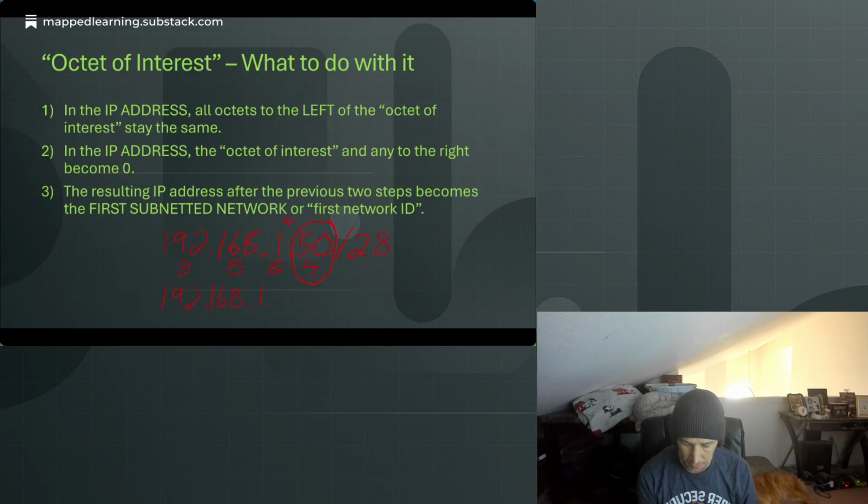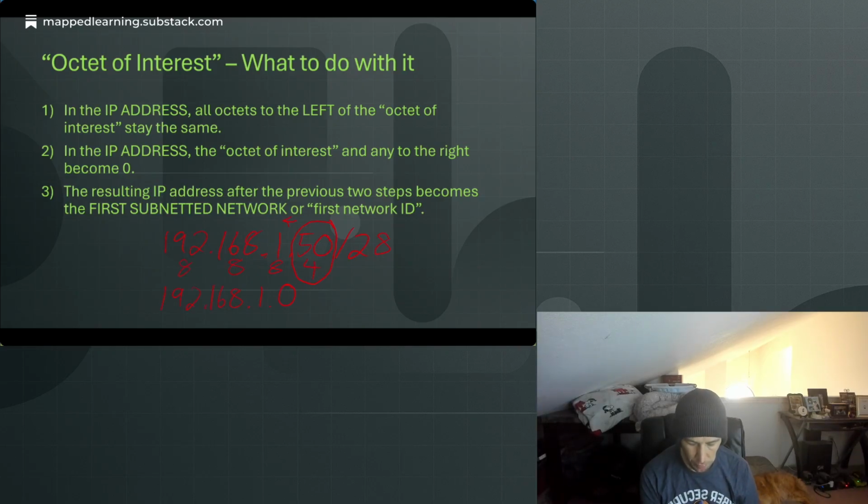Number 2, in the IP address, the octet of interest and any to the right becomes 0. Our octet of interest in this example is the last octet, so that starts at 0. Anything to the right, we don't have, so it's just the octet at the end for now.